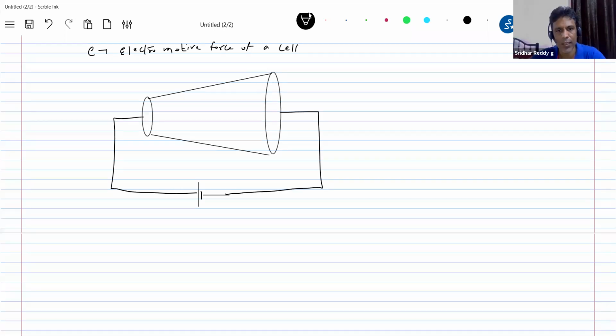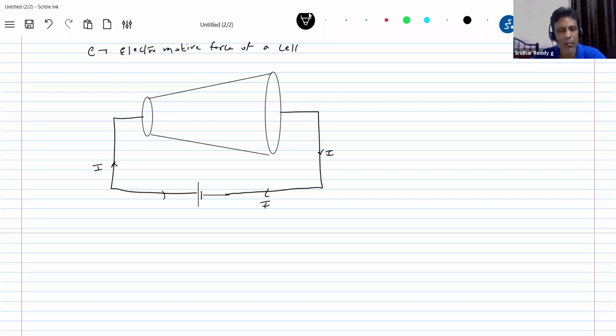Now look at the conductor. So its shape is some conical shape, a truncated cone or tapered rod. So now the current I will flow in this direction. There's a flow of current.